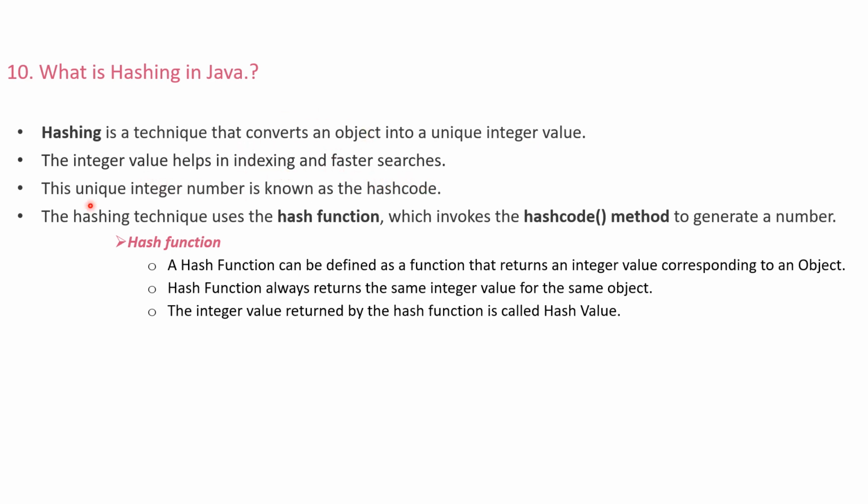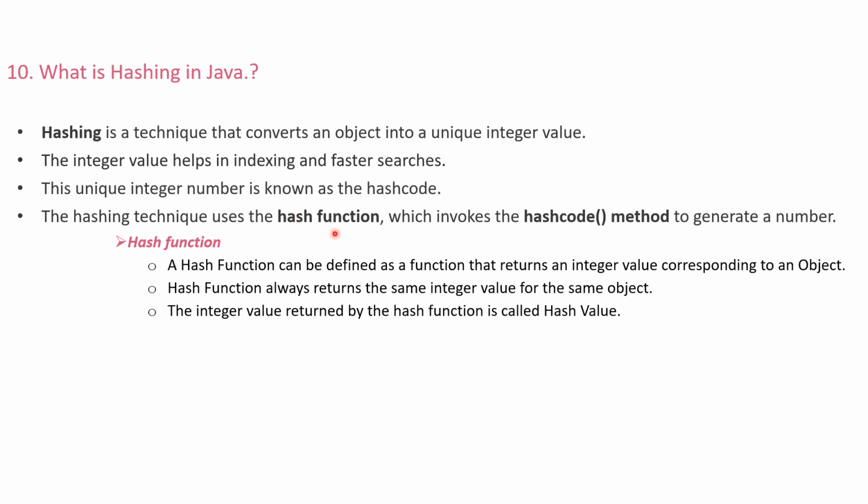This unique integer is also known as the hash code. So whichever value it converts to, that integer number is known as a hash code. And why is it converting? For each value, it is useful in indexing. By indexing, we can easily find it, so the searching will also be faster.